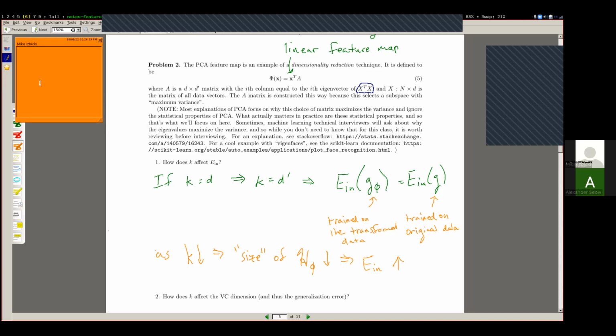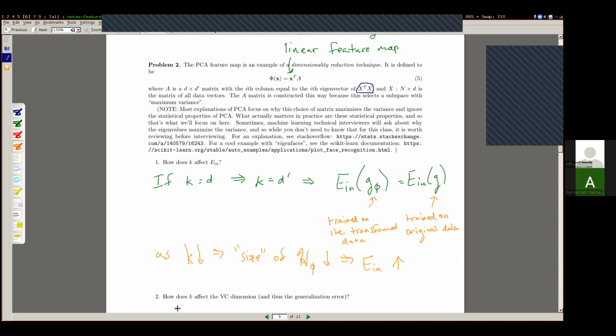So the intuition about our training error is that whenever you're using a smaller hypothesis class, a hypothesis class that is a subset of some other hypothesis class, the smaller hypothesis class can only have a larger training error, can never have a smaller training error. As K decreases, we're using fewer of the resulting features, and so we're increasing the training error.